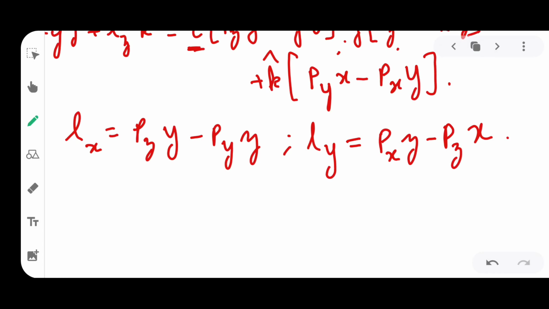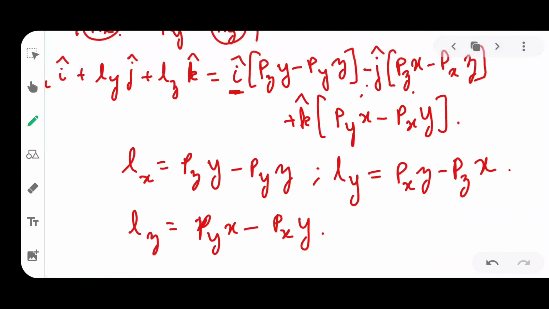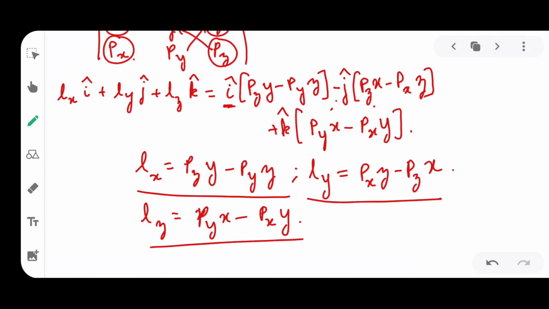And the third component, Lz, will be equal to py into x minus px into y. So these are actually your three components, which is what they asked us to find: the components of the angular momentum.